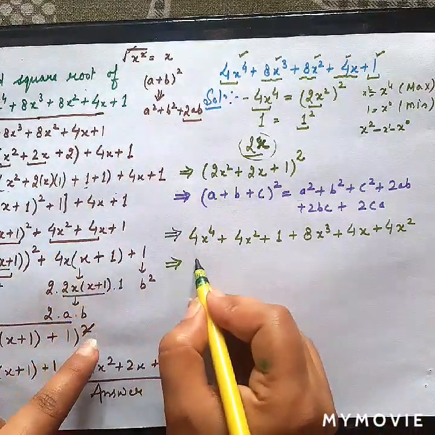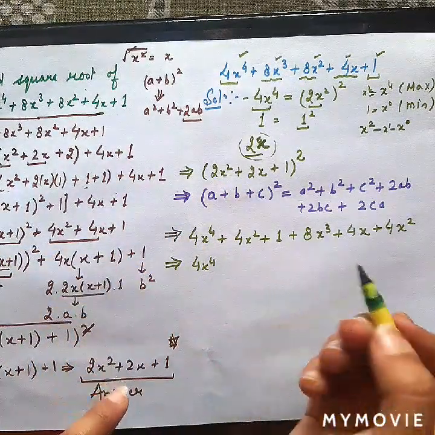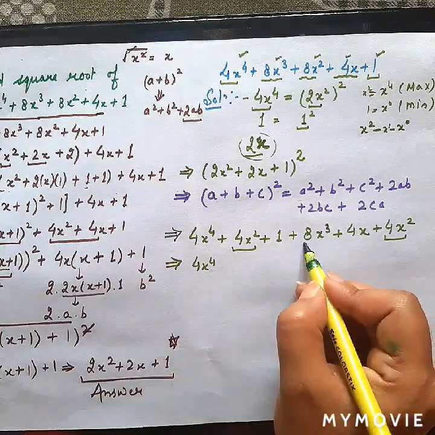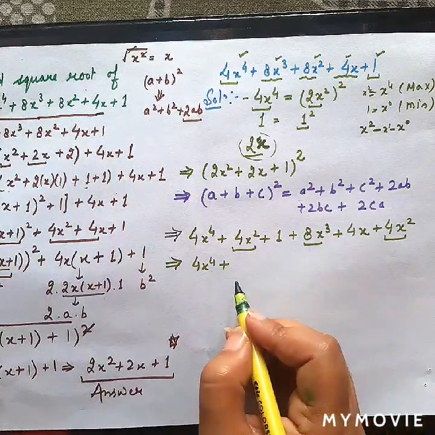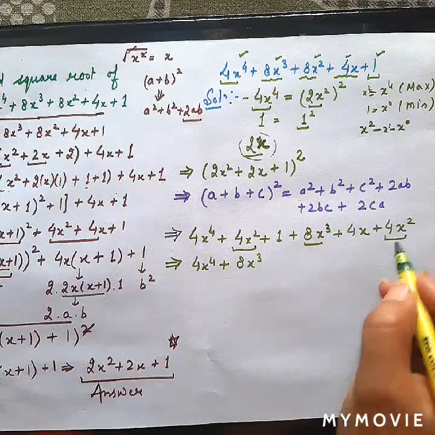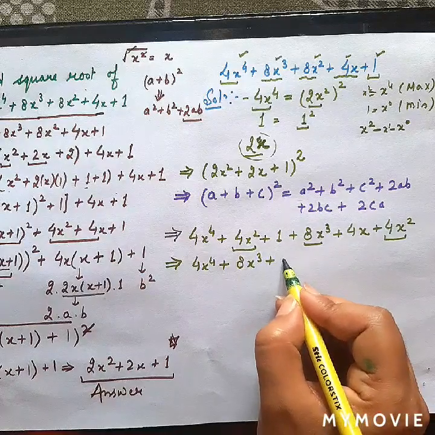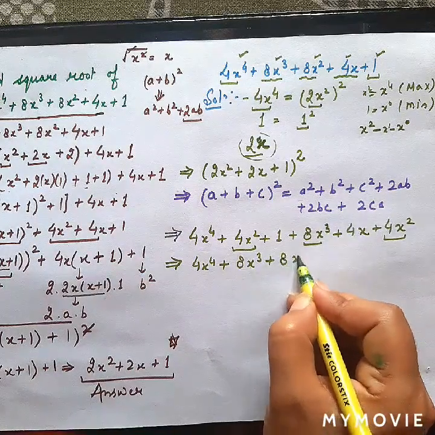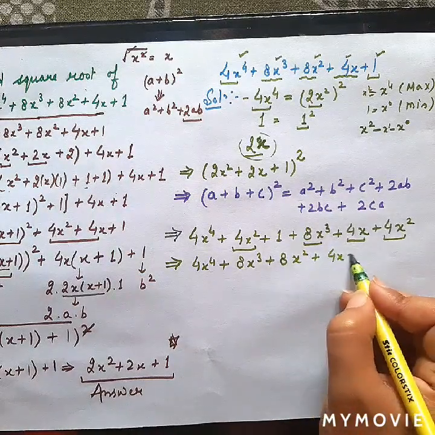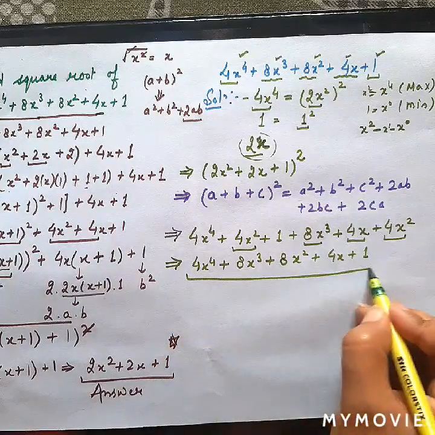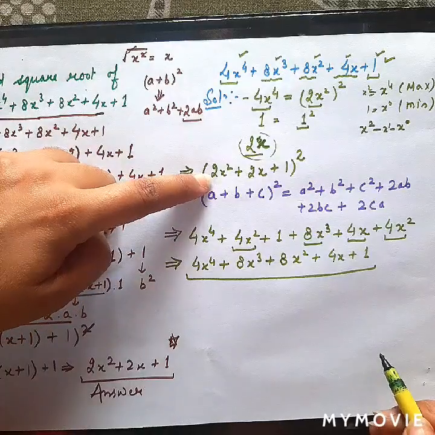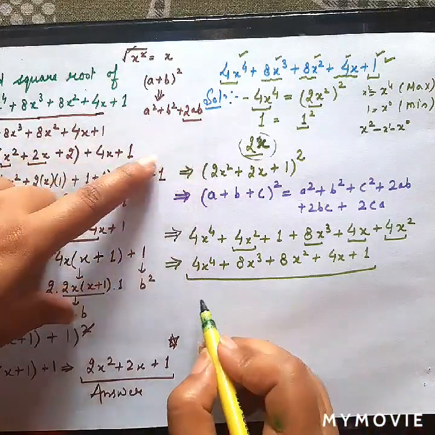Now solve this expression. 4x raised to power 4, then after x raised to power 4 we write the term with power 3, so this is 8x cube. Now the term with power 2, 8x raised to power 2. Now the term with x raised to power 1, 4x, then 1, and this is exactly equal to the given polynomial.